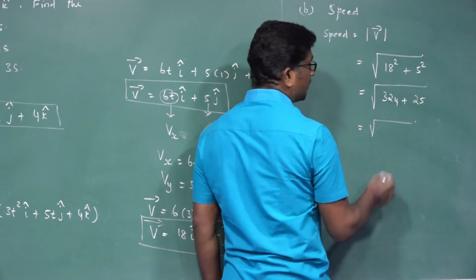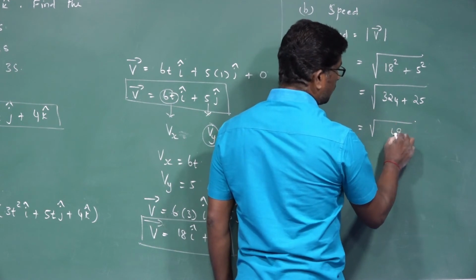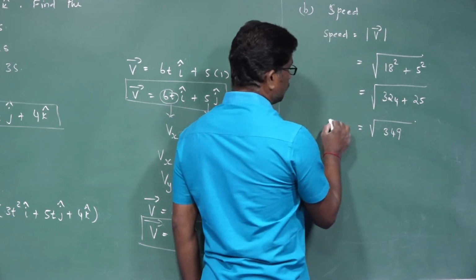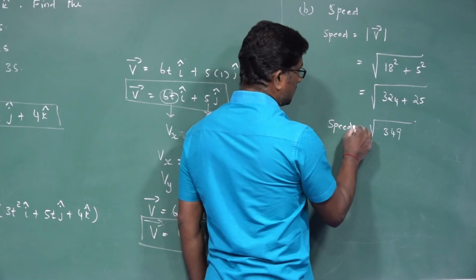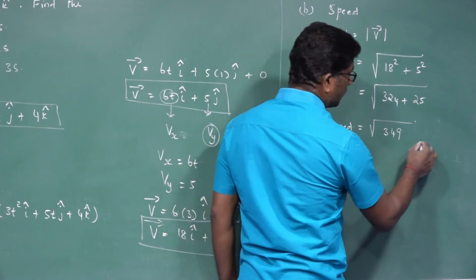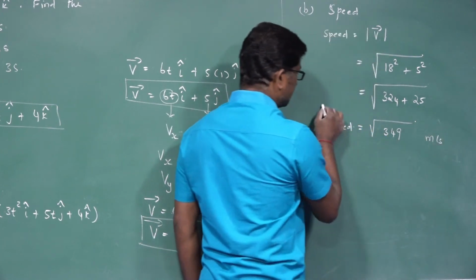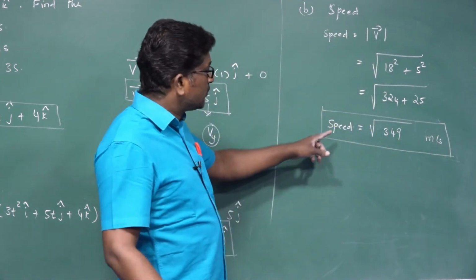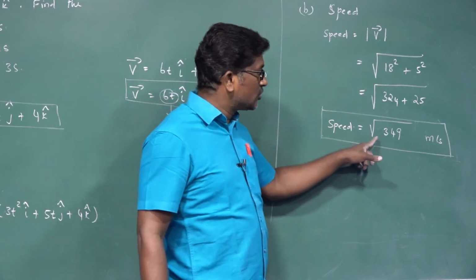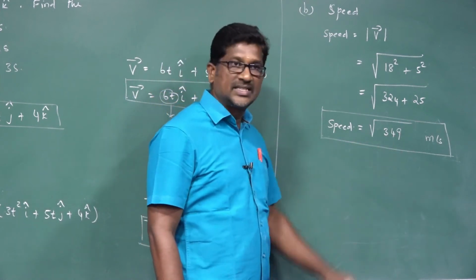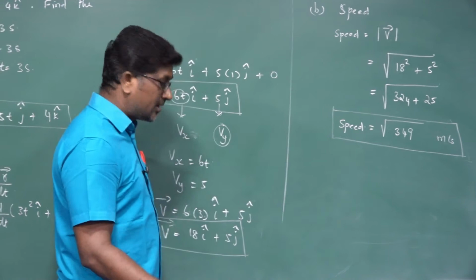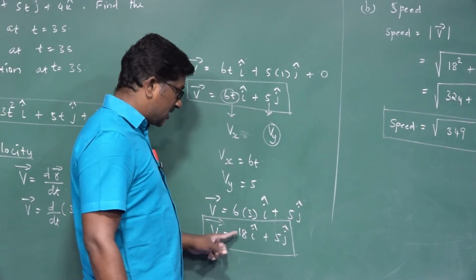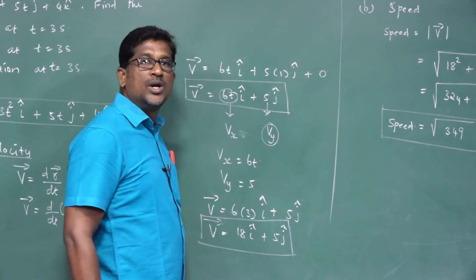So the square root of 349. So speed is equal to square root of 349 meter per second. The magnitude of speed at time t equal to 3 seconds is square root of 349 meter per second. The velocity of the particle at time t equal to 3 seconds is v vector equal to 18 i cap plus 5 j cap.